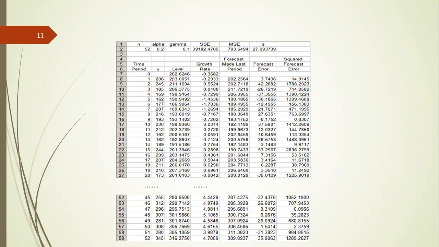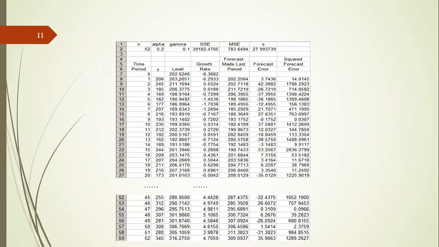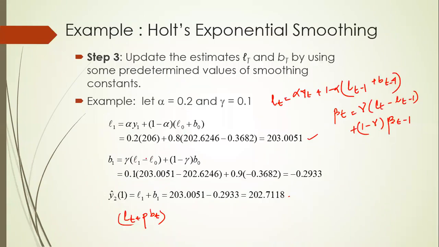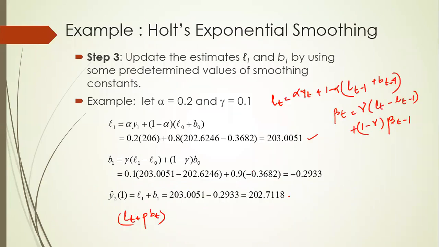Then what we do is we update this one based on what we saw here. So 203.0051 is the L1 update. The beta 1 update, because beta 0 is just from the equation, right? Beta 1 is updated by the relationship, and we know it's 0.2933.